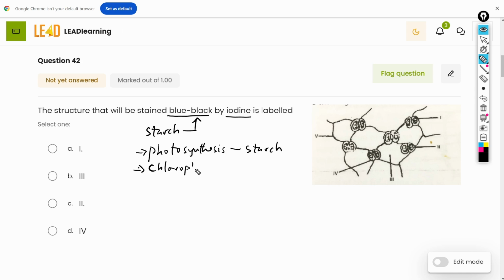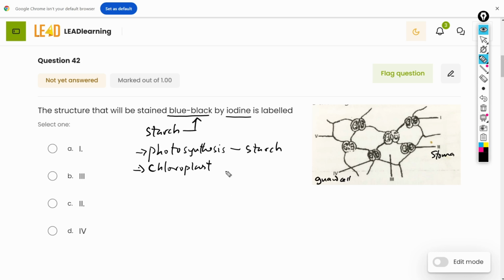Then we ask ourselves the next question, where are the chloroplasts found in this structure of the leaf? Now, the structures labeled 1 are inside the guard cell. The structure labeled 2 here is the stoma. 4 is the guard cell itself, and then 1, the structures inside the guard cell.